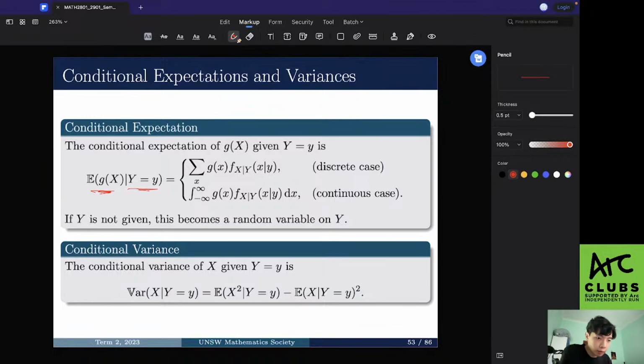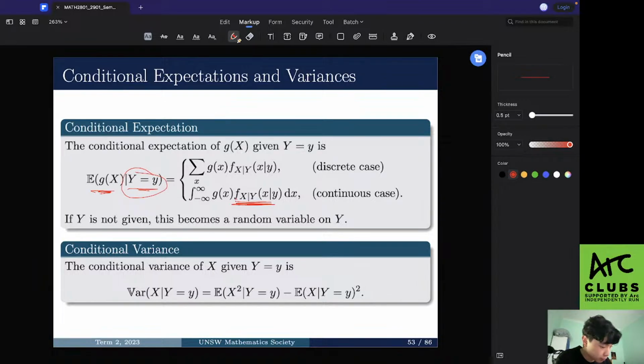Well, instead of multiplying by our usual density function, we just multiply by our conditional density function, since this represents our new PDF based on the fact that capital Y is equal to y.